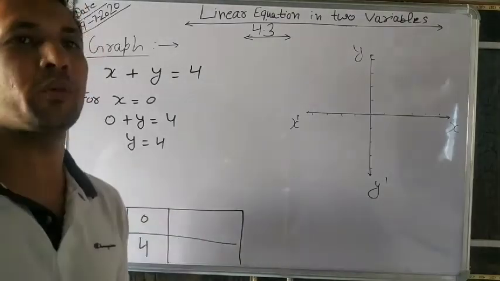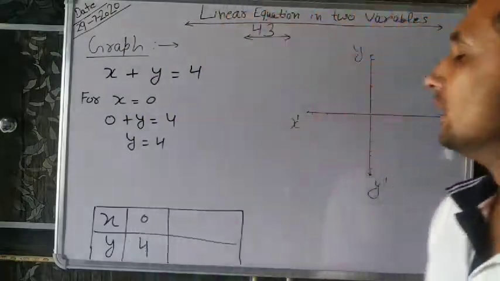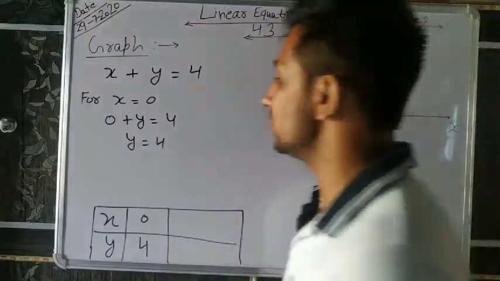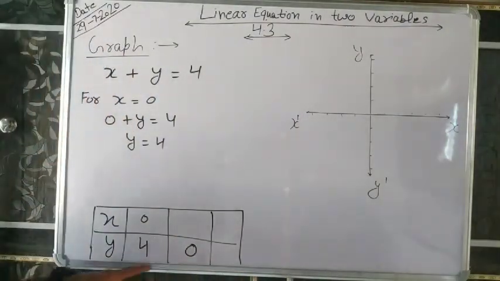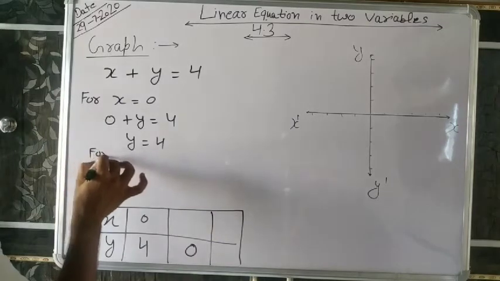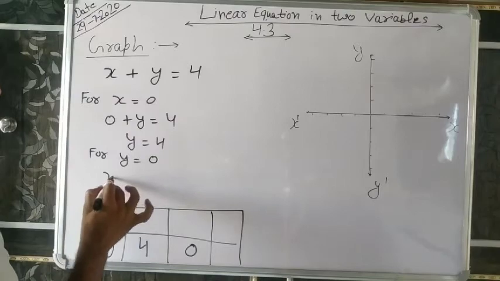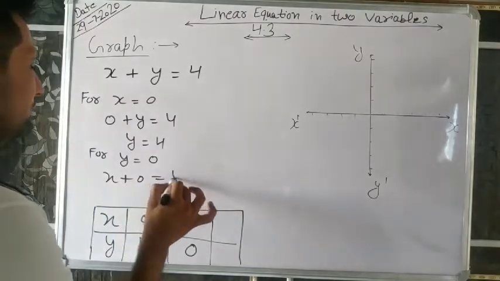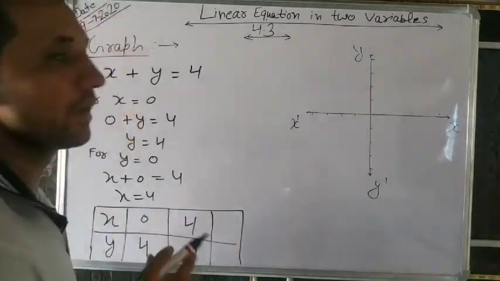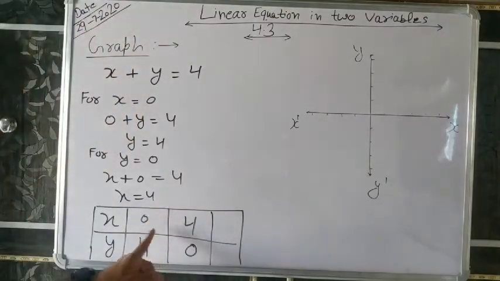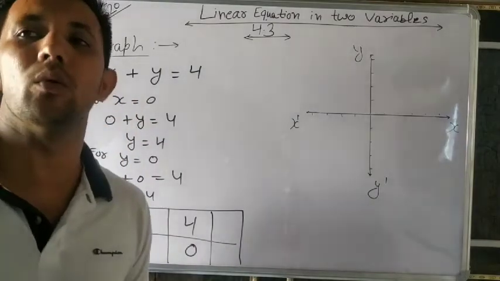In most questions, one time we put x as 0, and another time we put y as 0. If y is 0, then x plus 0 equal to 4. So x equal to 4. These are two solutions of the linear equation in two variables.